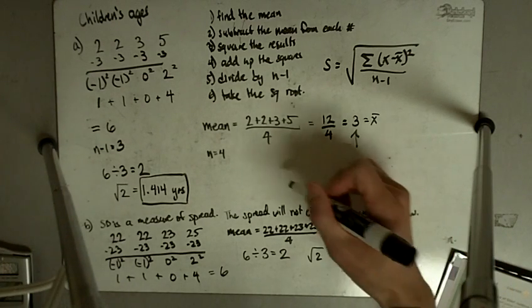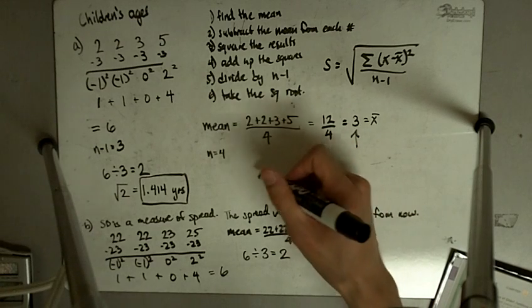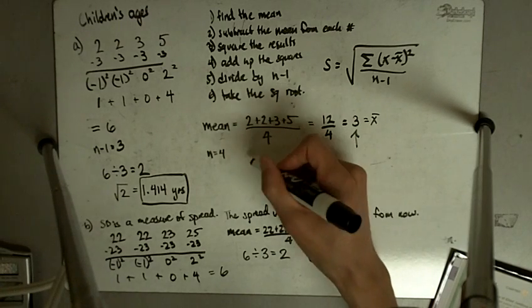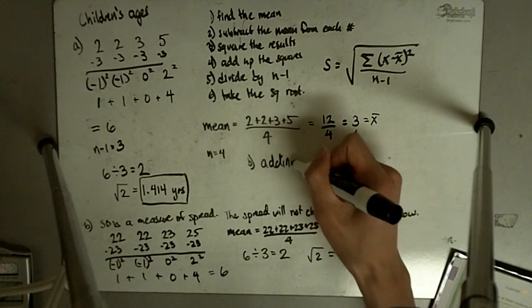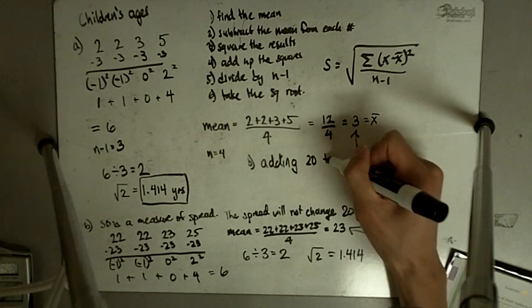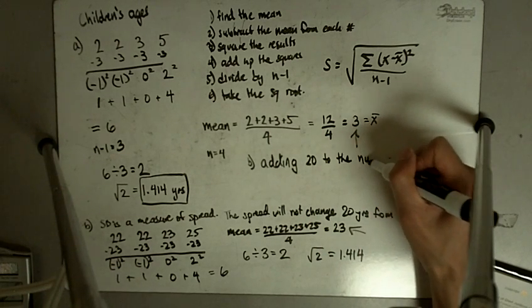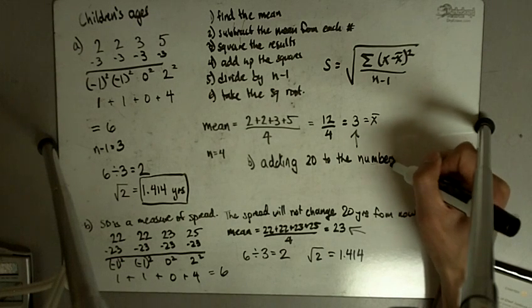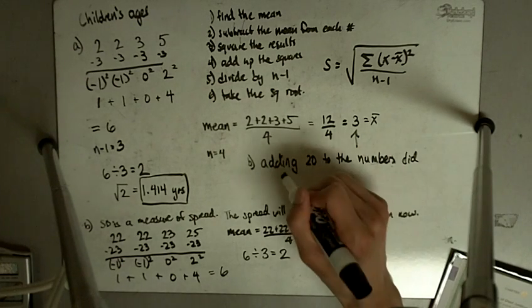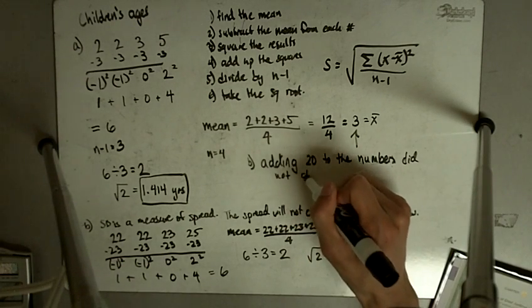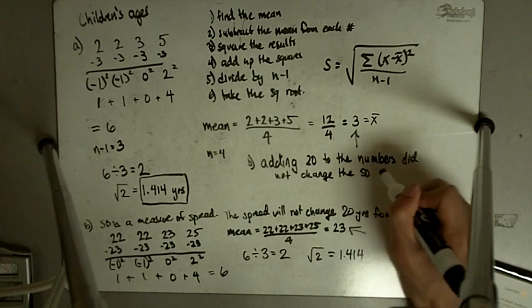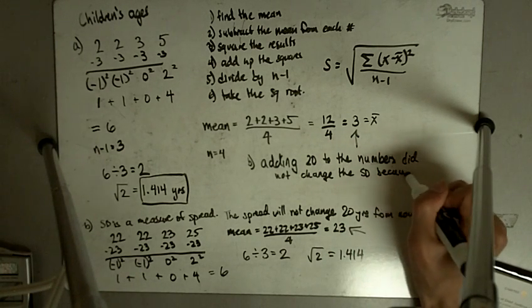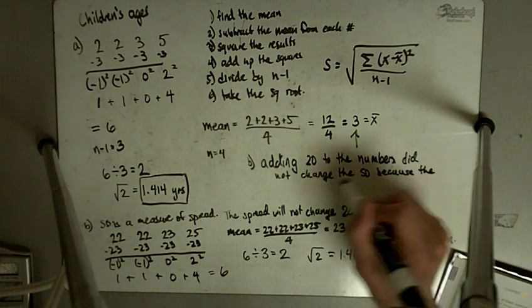Okay? So adding 20 to all of the numbers, and this is important for part B, did not change the spread or the standard deviation, because the spread is unaffected.